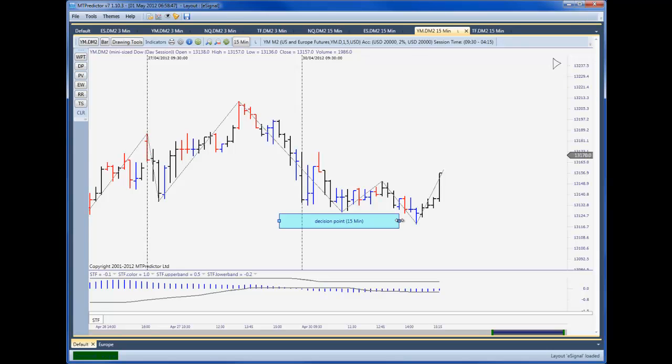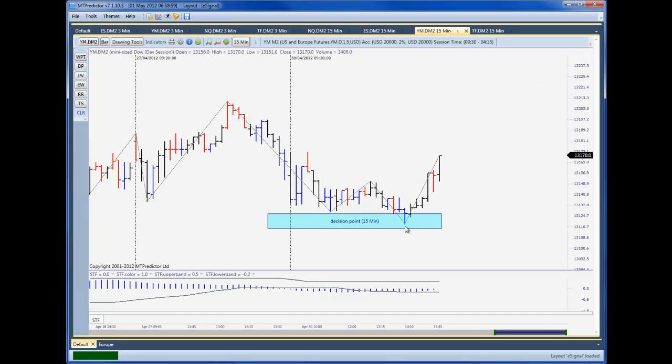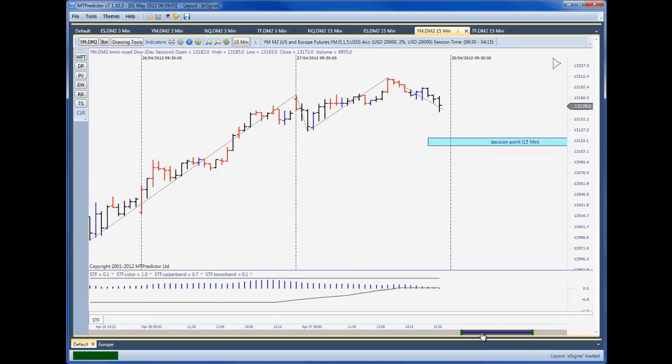Came down here, almost hit this low, came back up again, but then just look where the low of the day was, right in that area. Now remember, that was projected in advance before the day even started, so you were aware that there was a support zone on the YM, or a larger degree support zone there in advance.